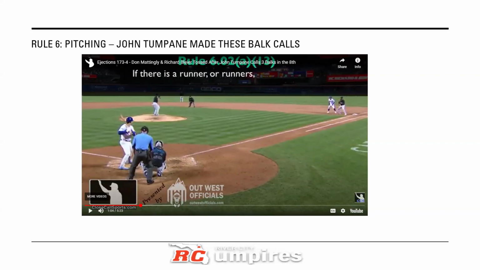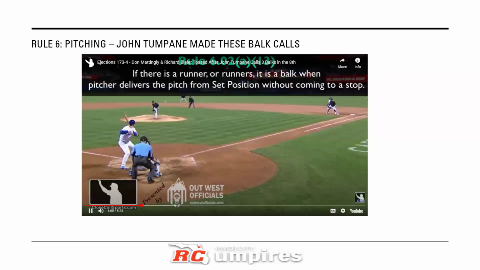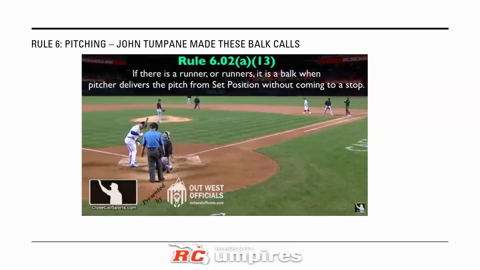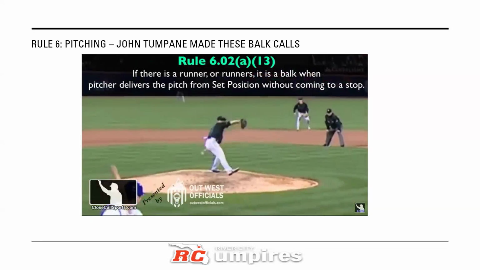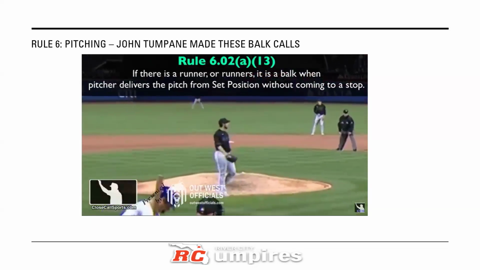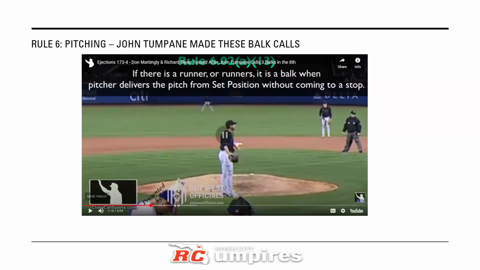If his glove is moving 1 millimeter there, who cares? 8.13: If there's a runner or runners, it's a balk when the pitcher delivers the ball from set position without coming to a stop. The hands are the most notable part, of course. And the reason why I say that's probably too good: the second base umpire and the home plate umpire didn't call it, the first base umpire called it.